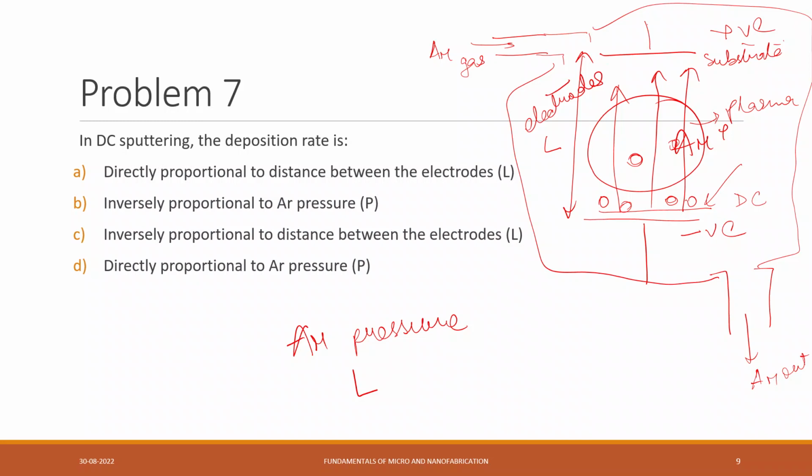Okay, let's discuss the answer. Just simplifying the things, we have two electrodes. Okay, A has two supporters. So let's see the answer.